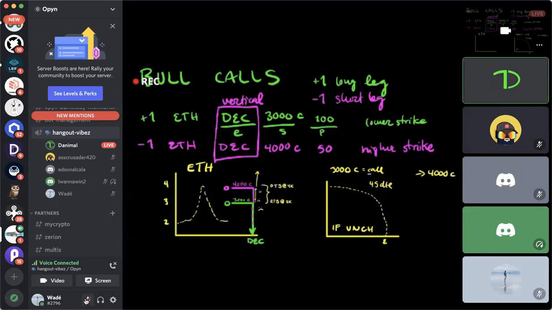Actually, in this case, you'll pay a net debit between these two strategies unless you leg in later, which is the next topic for this strategy, right? So you buy in at 3K, sell at 4K, and in this case, we paid 100 here, right? So we paid 100 and we sold for 50. So there's a net debit on this strategy of, let's write it out here.